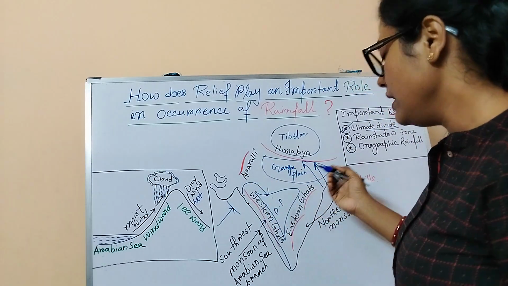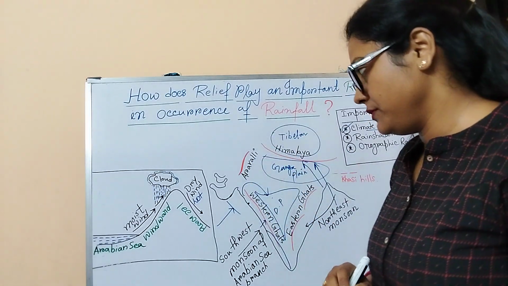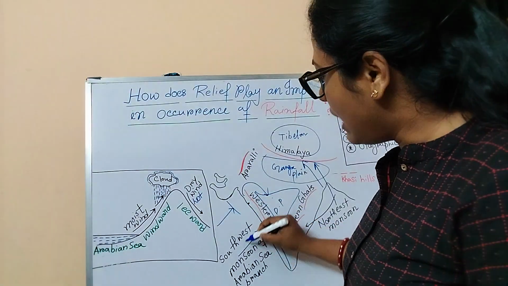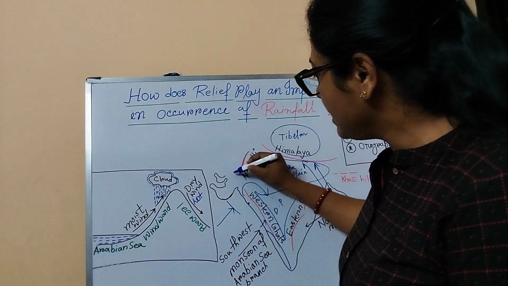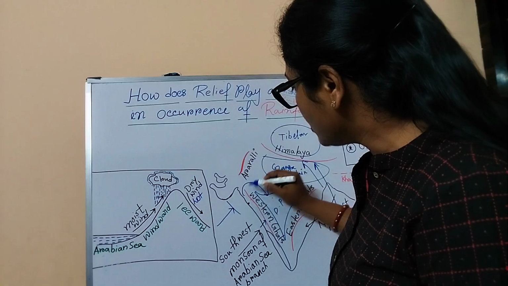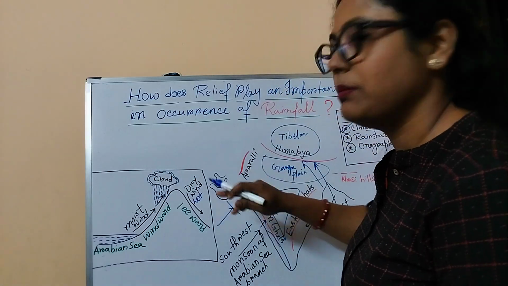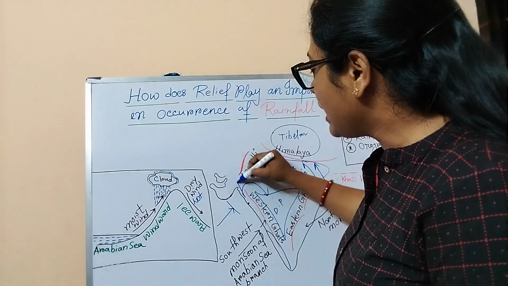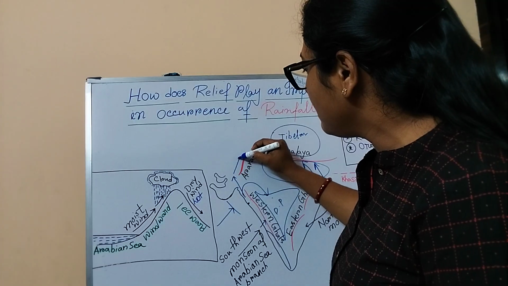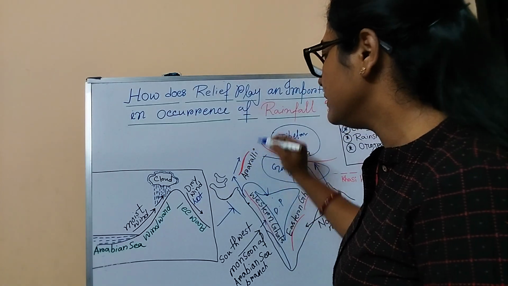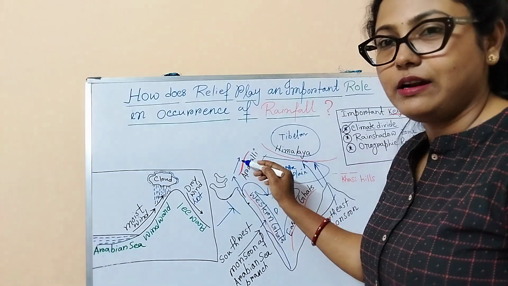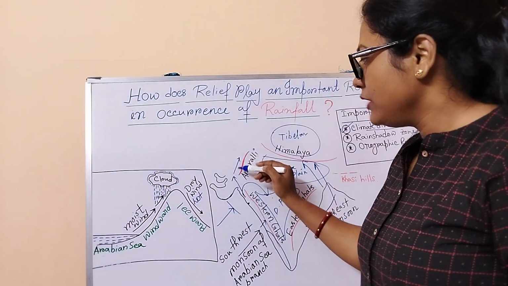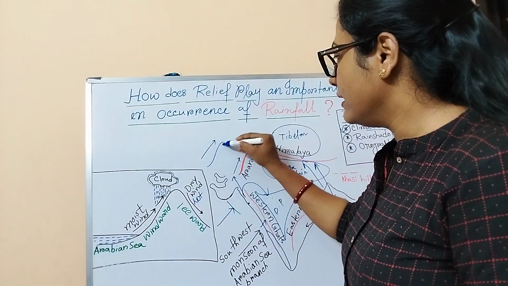Now the next one is the Aravalli range. Now what happens? This southwest monsoon wind of Arabian Sea branch, after causing rainfall in this Malabar coastal plain and all, will be moving upward, and whenever it blows along the Aravalli hills, you can see the direction is parallel.